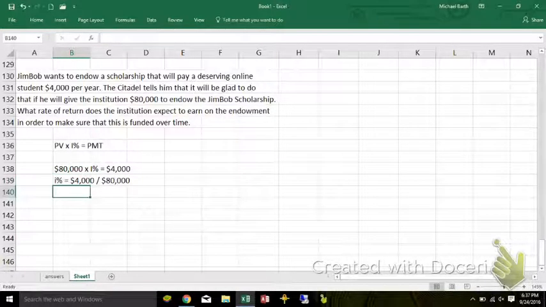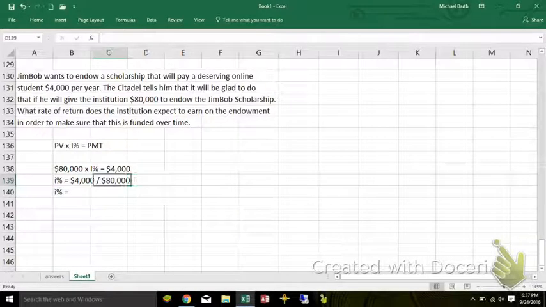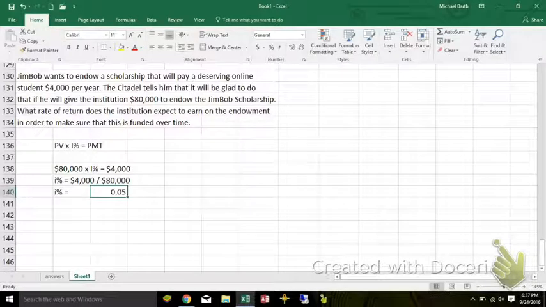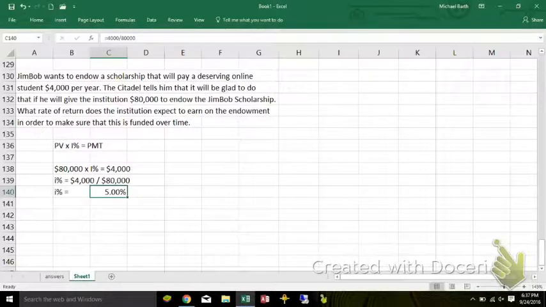So the interest rate comes out to 5%. Okay? And that is how college endowments work. Typically, they guarantee a 5% rate of return.